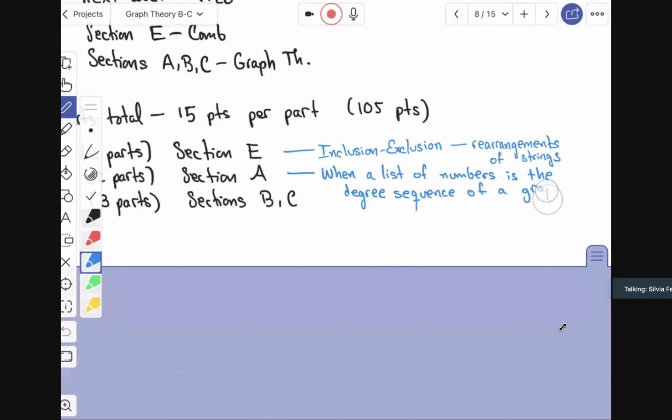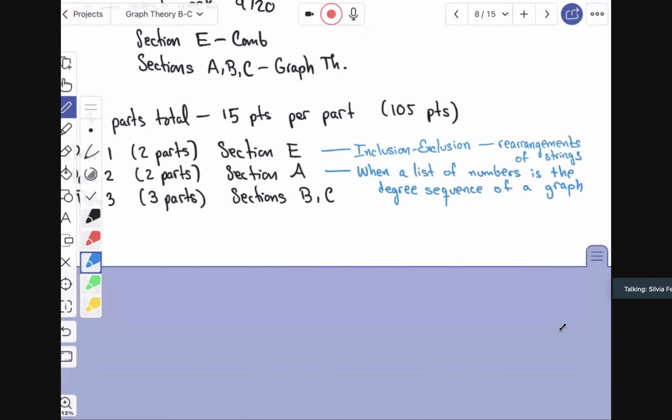This one has 2 parts, and I tell you which one is which. I give you one list of numbers and I ask you to provide a graph that has that degree sequence, so it is actually realizable as the degree sequence of a graph. And in the other part, I give you a list of numbers and I ask you to prove or to show or to explain why it is not the degree sequence of a graph.